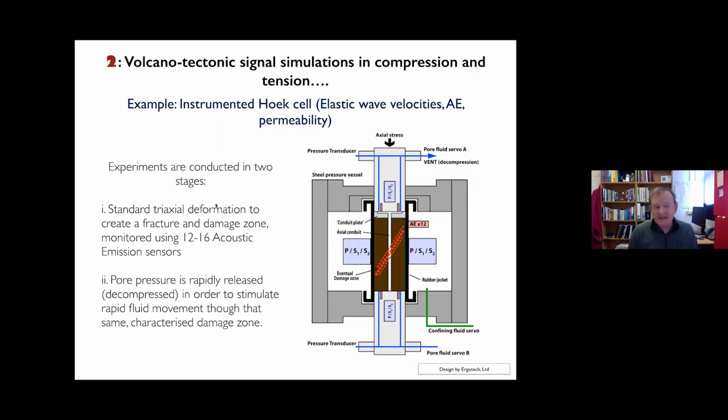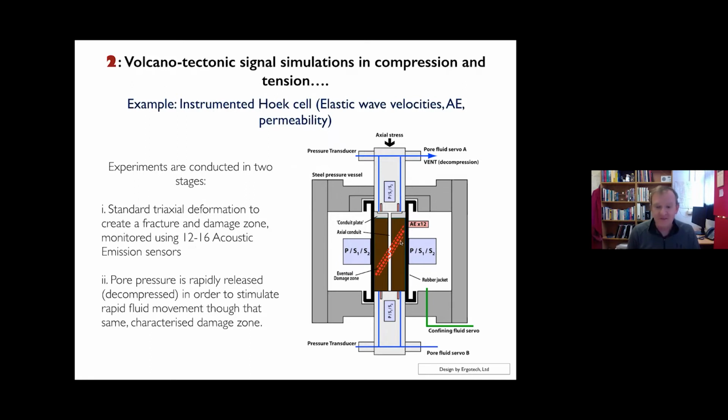The first stage is to conduct a standard triaxial deformation experiment. You saw my prop earlier, something like this, so single shear fault. And this is monitored using a suite of those acoustic emission transducers that you saw a few slides ago. And once we've fractured, we generate this damage zone.